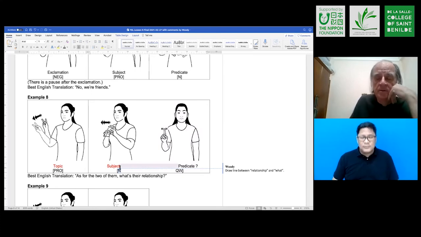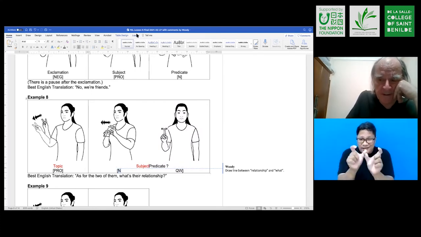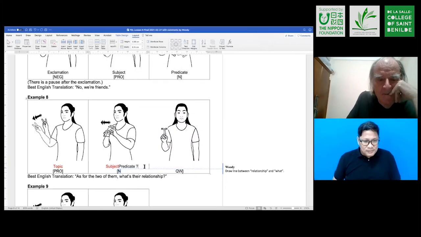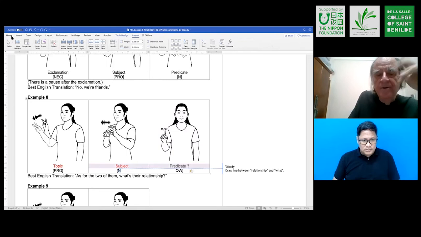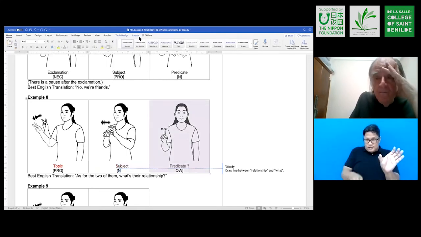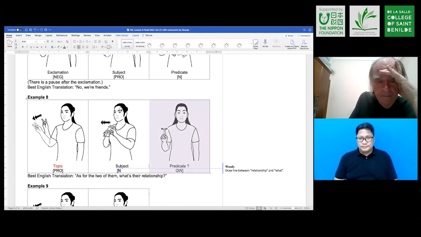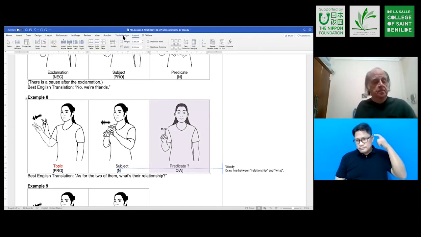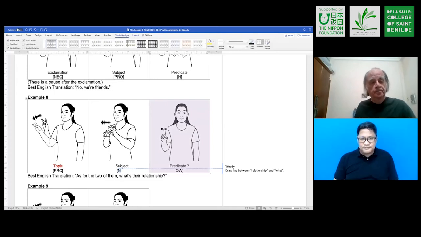It's a little difficult to finish. Yes. And then just one line between the two signs. Good.